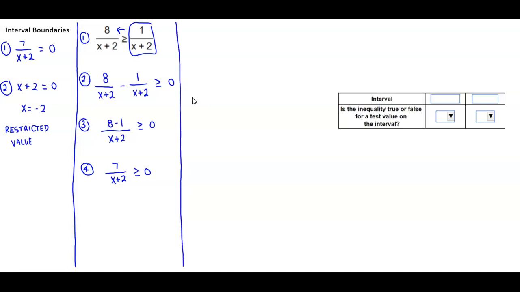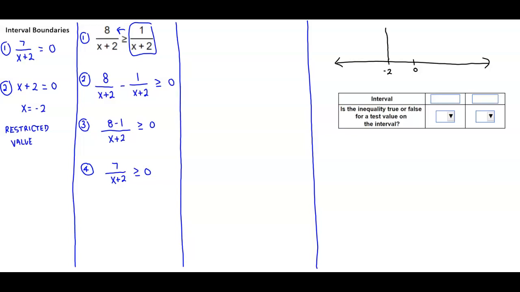Okay, so now before we begin the testing points, we need to draw our number line with our interval boundary. So we can see here that we have negative 2 as our interval boundary. So that means we have interval 1 and then interval 2.